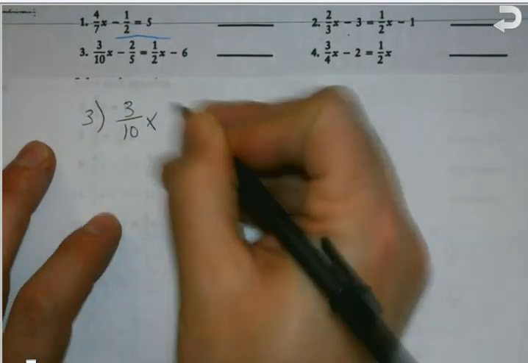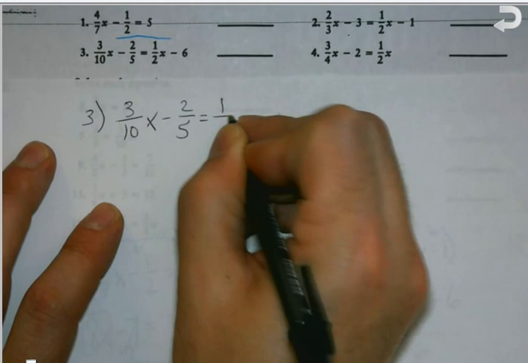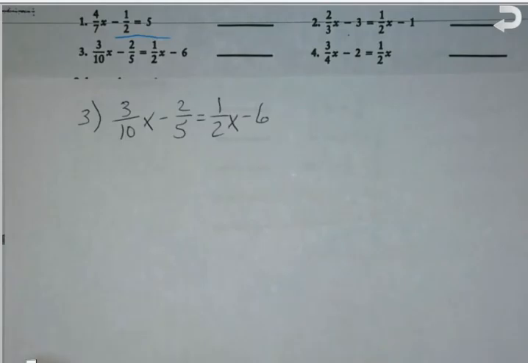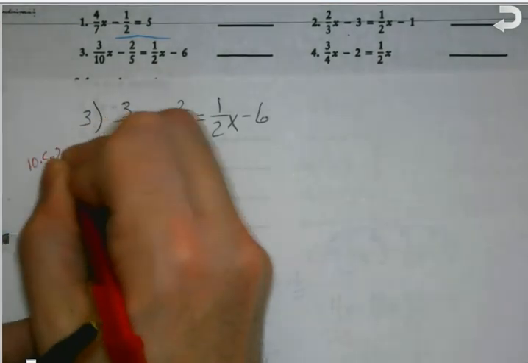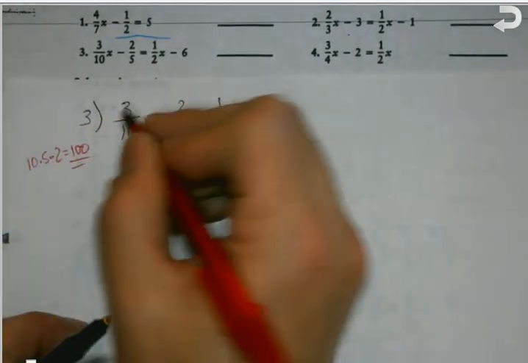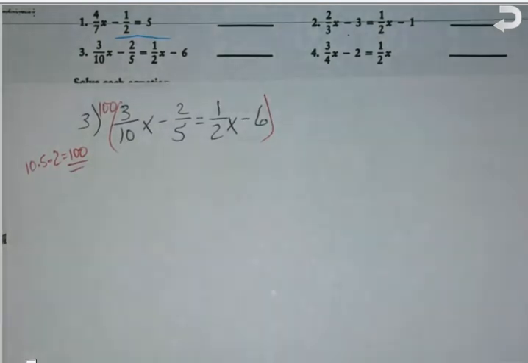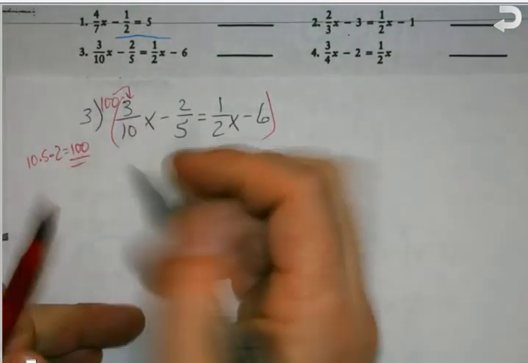Somebody tell me, using the method we're talking about using right now, times 2. 10 times 5 times 2 is 100. So we're going to multiply through by 100. So 100 times 3 is 300.